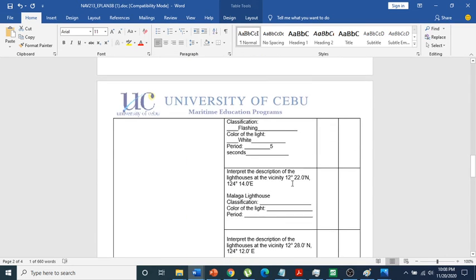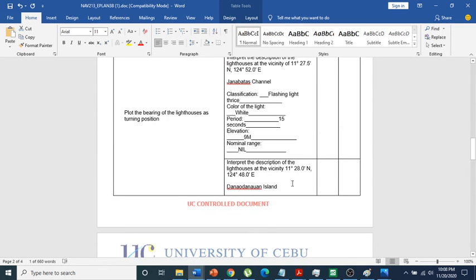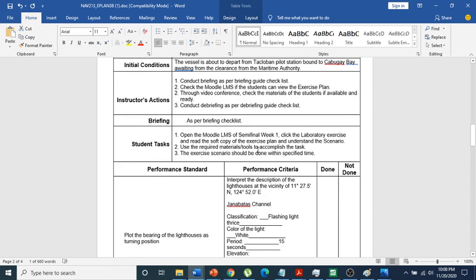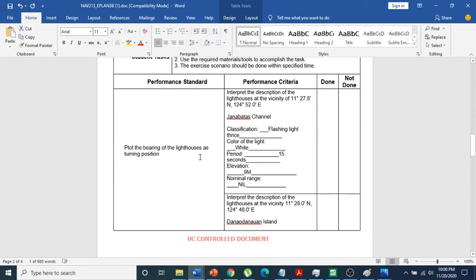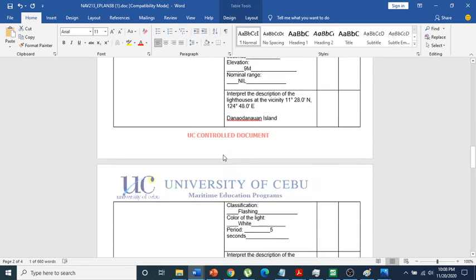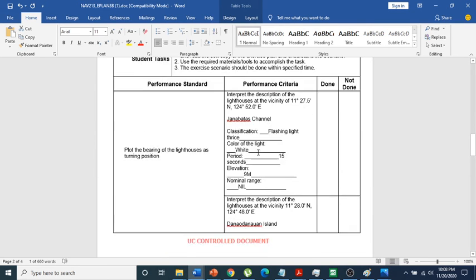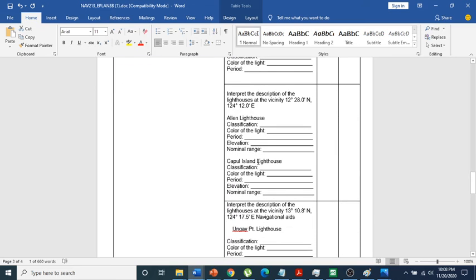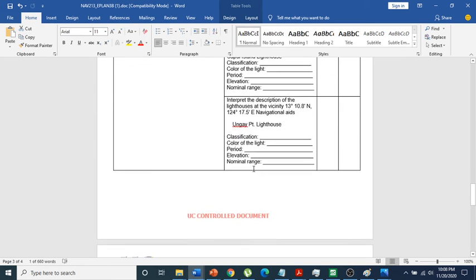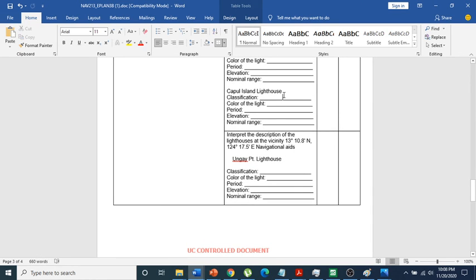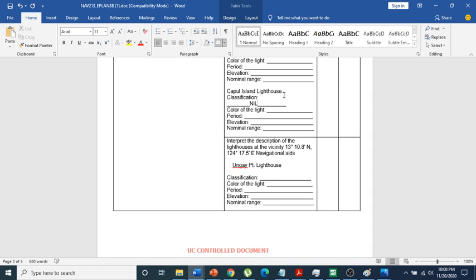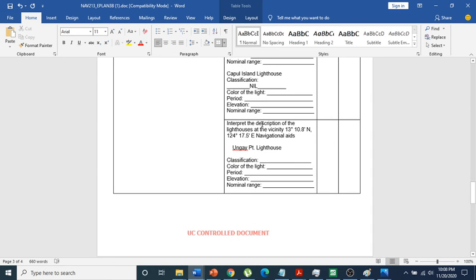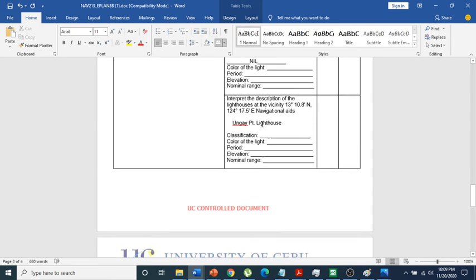So again, in summary, basically what you're going to be doing is use the charts you did for E-plan 3A, encircle the following lighthouses, and answer the characteristics of the lighthouse accordingly. If it happens that the detail of the lighthouse is not visible, just put nil, or not applicable.